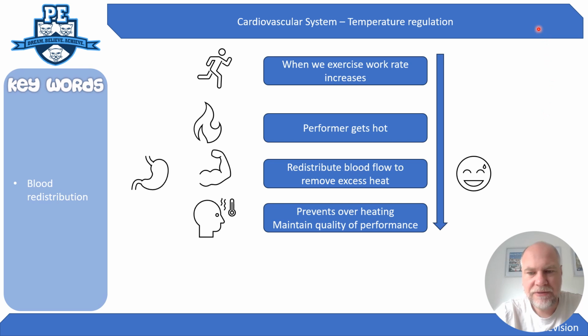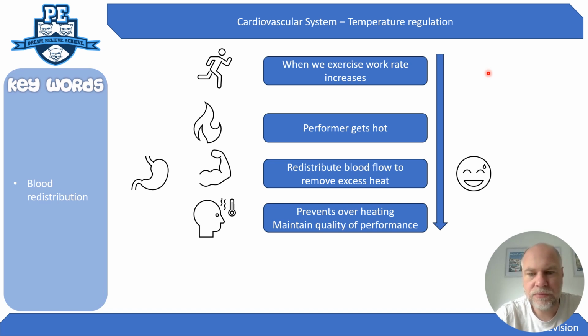The next area that could also come up, and probably more likely to be directly asked rather than just what are the functions of the cardiovascular system and the impacts on performance, is the concept of temperature regulation. Now, the first thing you want to point out in the exam question is that as you exercise, your work rate increases.